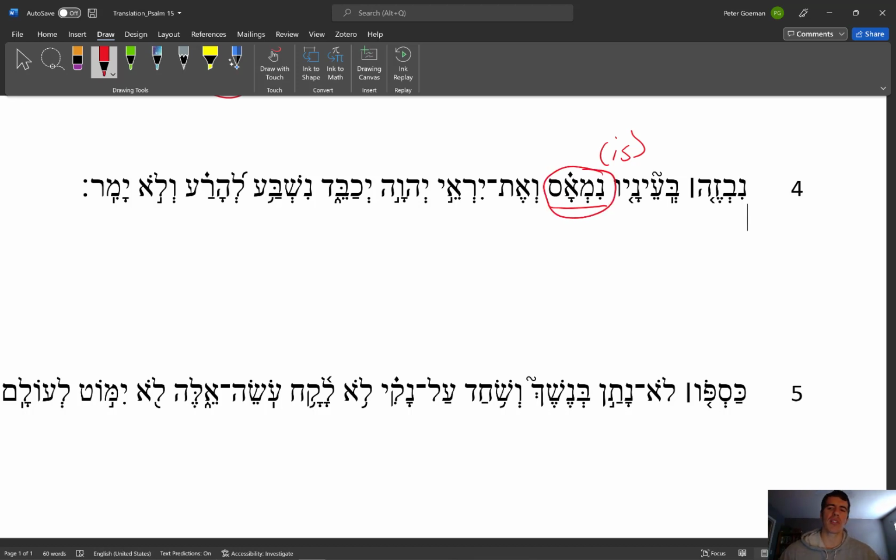So it's talking about a state of being here. In other words, the one who is despised or contemptible, the one acting against God's law, is rejected. It's a passive way of saying what we would say in the active sense: he rejects the one who is despised, who is corruptible, contemptible.